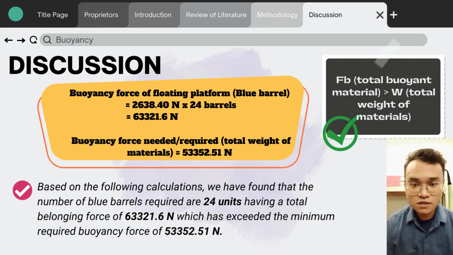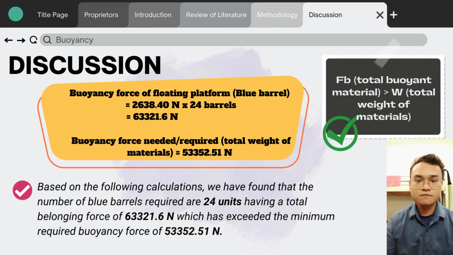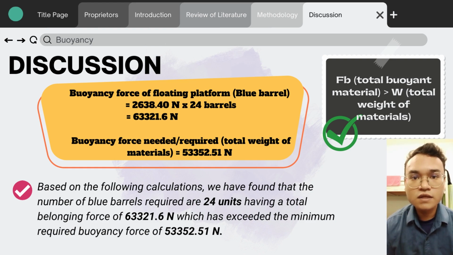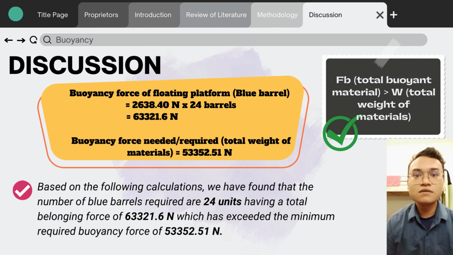Next, the total buoyancy force needed or required, or the total weight of materials of our raft house, based on the previous calculation, is 53,352.51 Newton. Based on the calculation, we have found that the number of blue barrels required is 24 units, having a total buoyancy force of 63,321.6 Newton, which has exceeded the minimum required buoyancy force of 53,352.51 Newton.